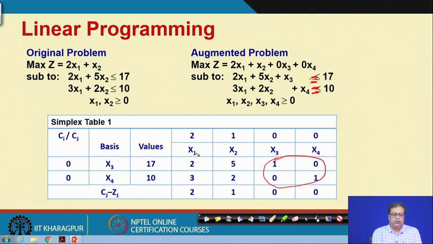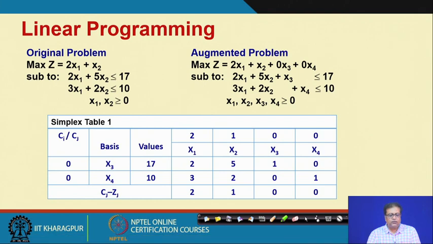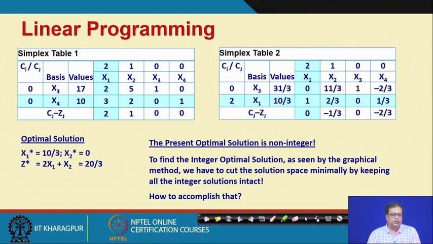To make 1 unit of x1, you need 2 units of x3 and 3 units of x4 at a cost of 2 into 0 plus 3 into 0, that is 0, and 2 minus that 0, Cj minus Zj. So, that part is 2 minus 0 equal to 2, and here it is 1. So, this is how we put the first simplex table.